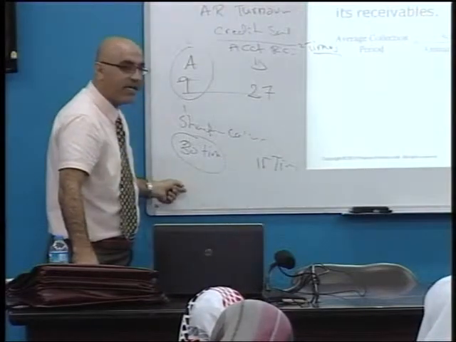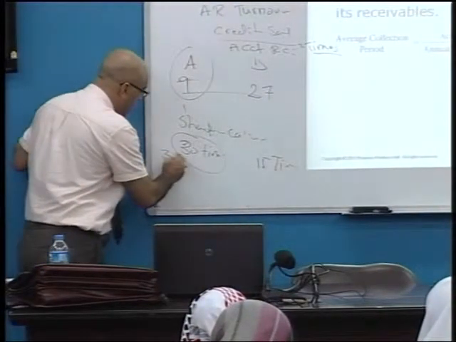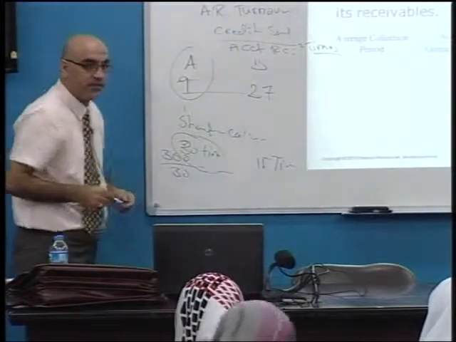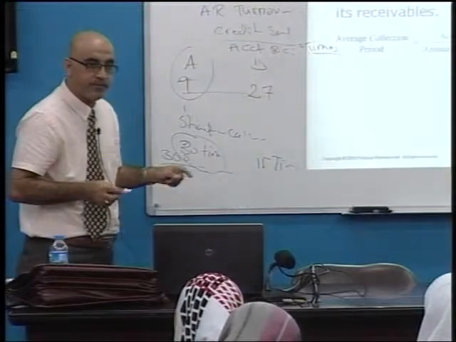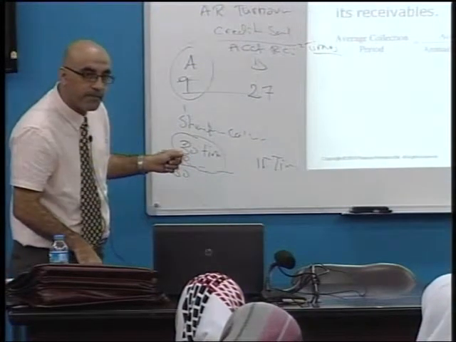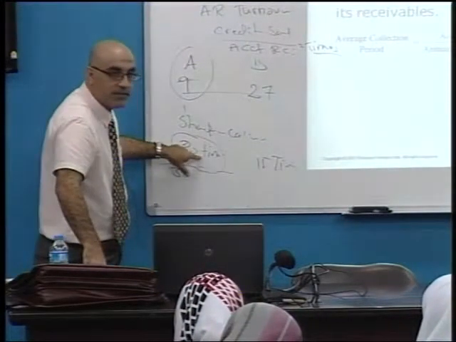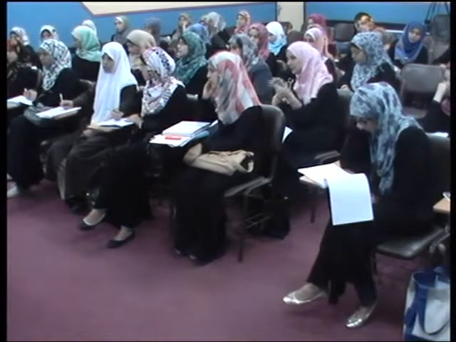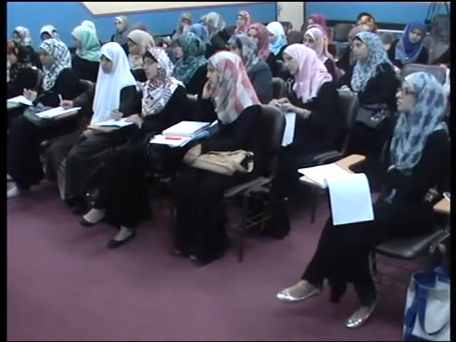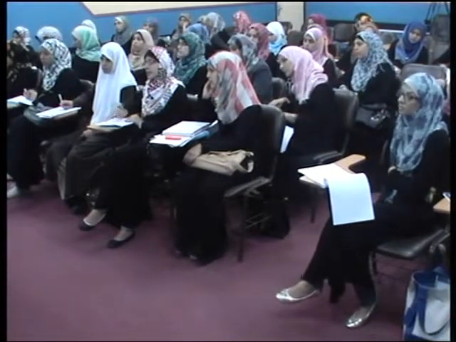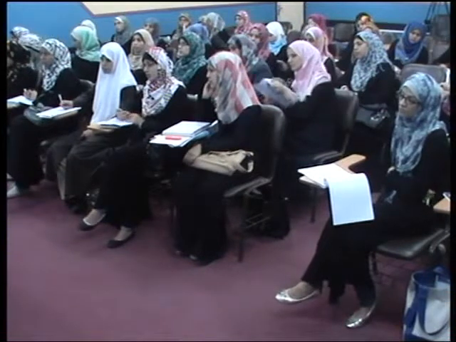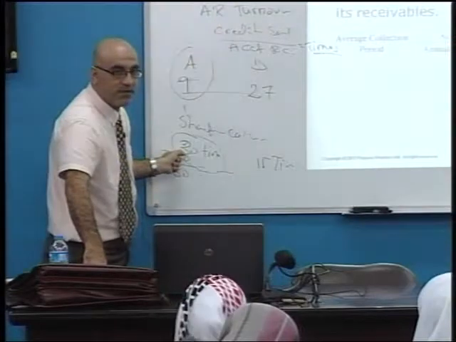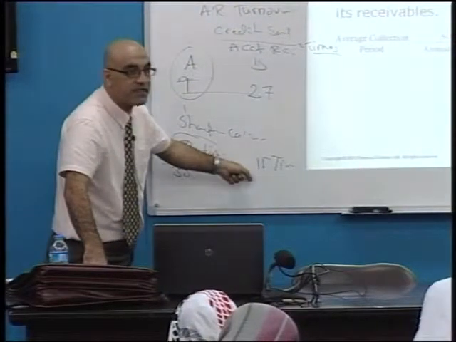If you convert this into days, you just do 360 divided by 30 times, and you get the number of days. You convert account receivable into cash 30 times a year. Now I'm asking you, which is better, 30 or 15? Yes, 30 times is much better than 15 times.